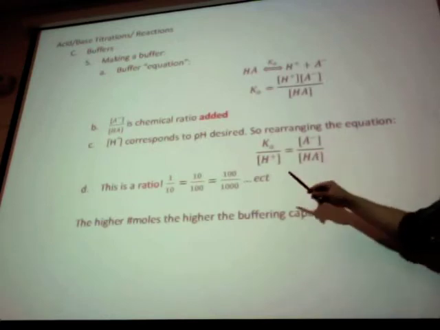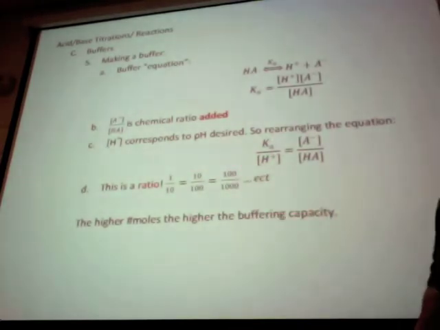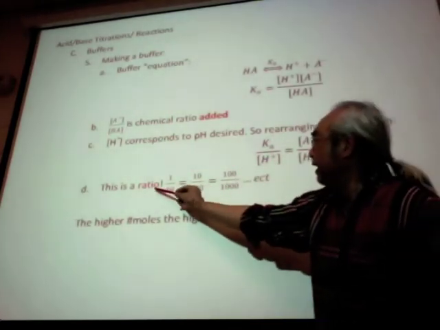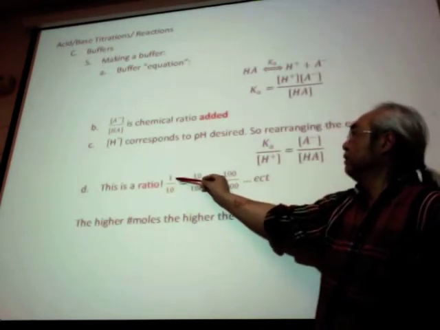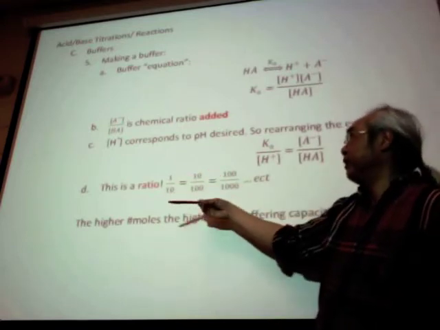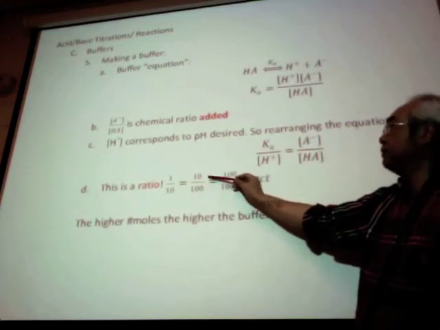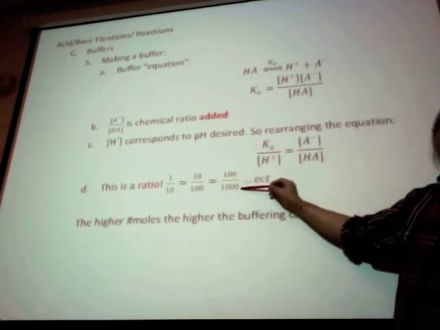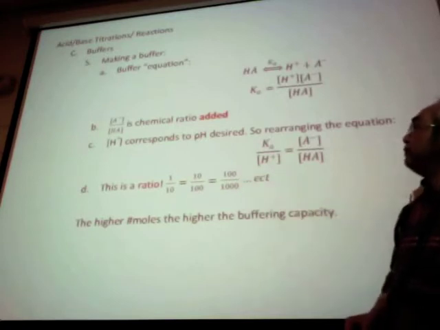For example, this is just an example, if you end up with a ratio of 0.1, then it means 1 millimole over 10 millimole, or the same thing as 10 millimole over 100 millimoles, or 100 millimoles over 1,000 millimoles. They are the same as ratio, etc.